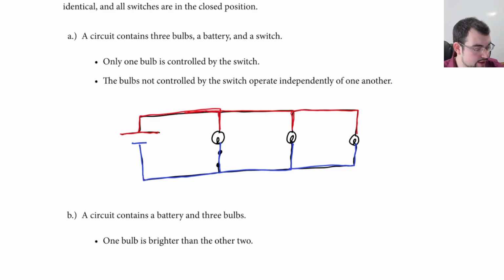So we can see that all the bulbs are going to be lit and they're at max brightness because it's red to blue across each. But notice, as soon as I break the circuit by opening this switch, the red to blue would now be across the switch instead of the bulb in that loop and no longer operates.